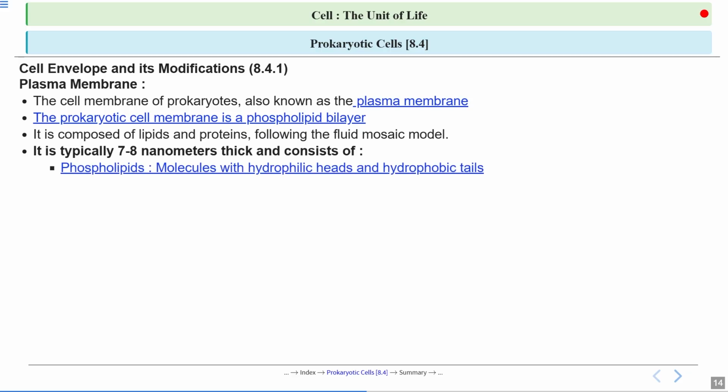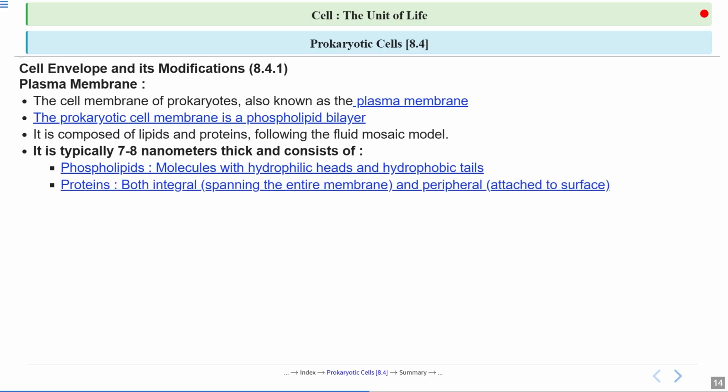These are molecules with hydrophilic heads, meaning water-loving heads, and hydrophobic tails, meaning water-repelling tails. Remember this: heads are water loving, tails are water repelling.